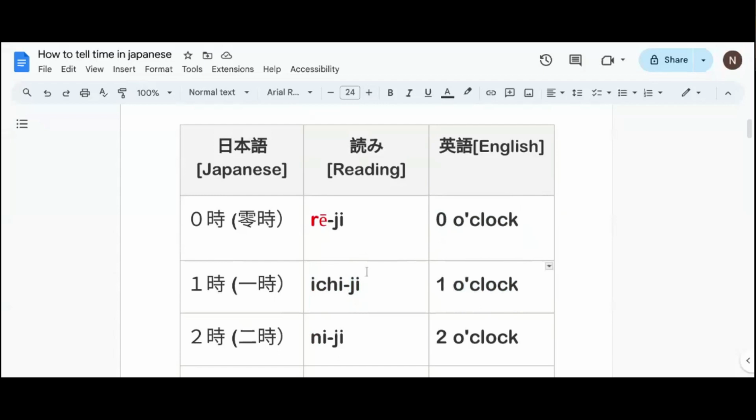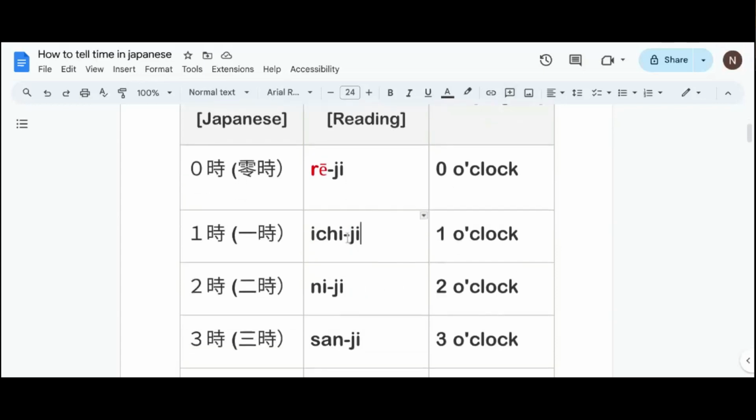And I just noticed that the ji here has the same pronunciation in your language. So it will be easy for you to remember the word ji, or the o'clock in Japanese, because it is the same in your language.